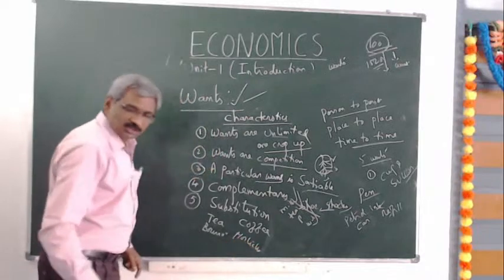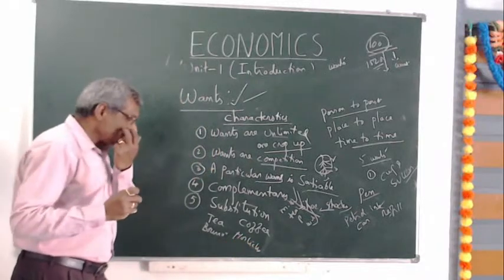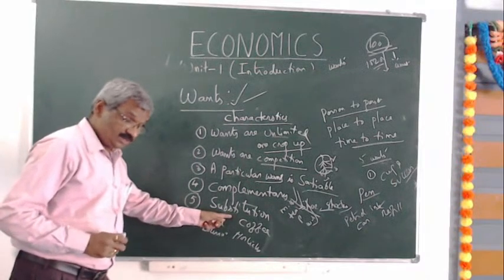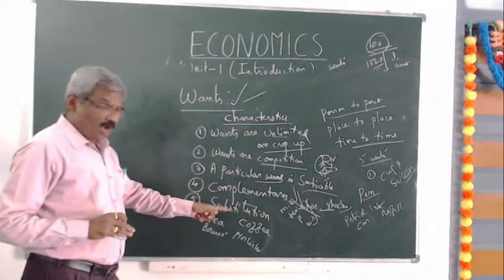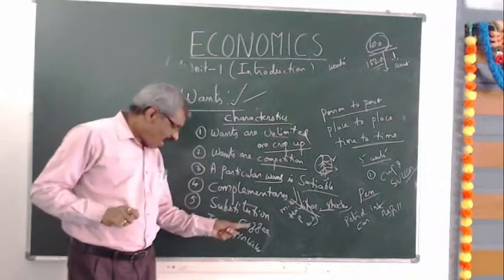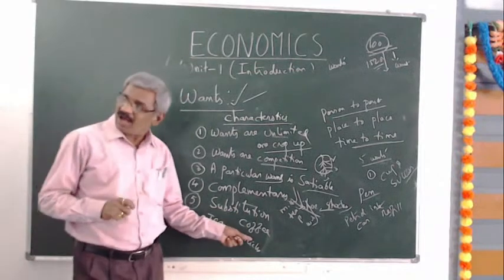Human wants can be satisfied either by tea or by coffee, Bournvita or Horlicks.